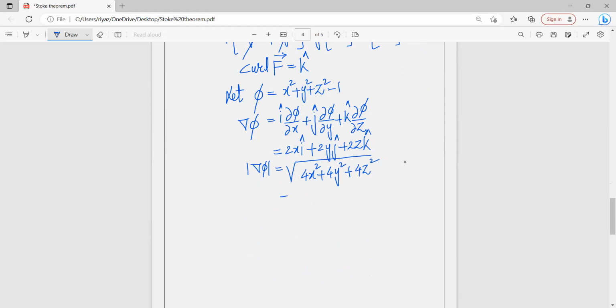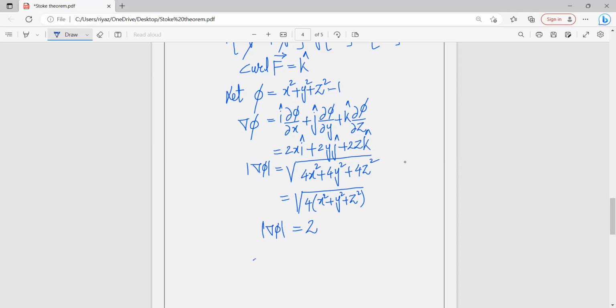Is it possible to take 4 common? 4 common means 4 times x square plus y square plus z square, and already we know that this value is 1. So root of 4 is 2. This is the magnitude of del phi, we got it.